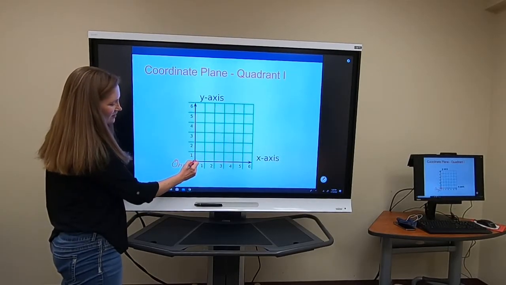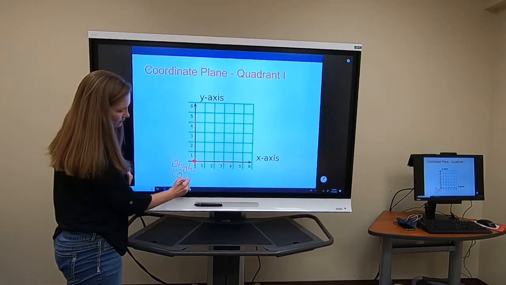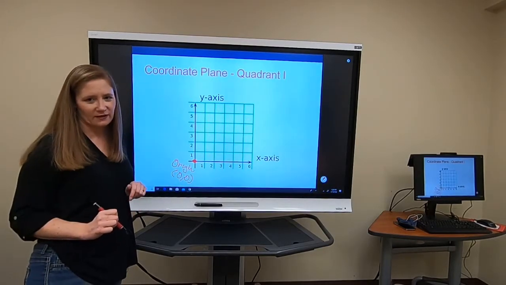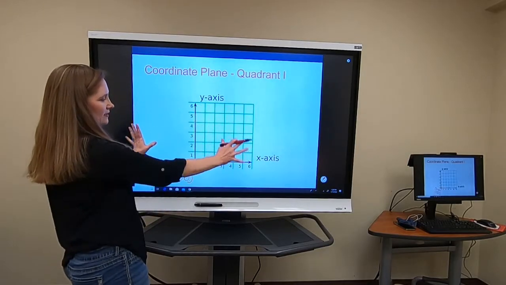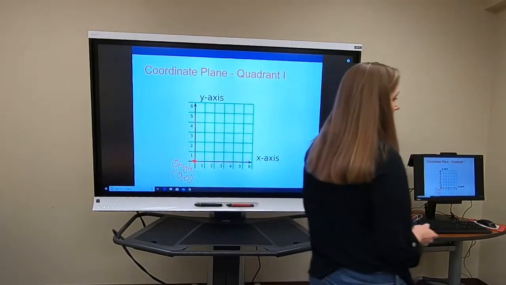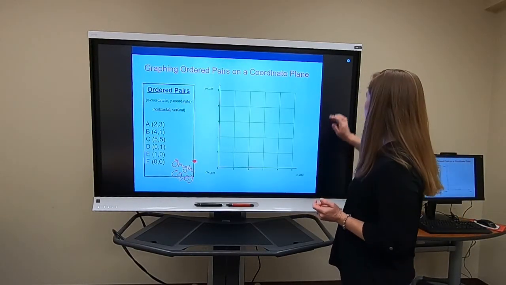And it has an ordered pair, and that is 0, 0. We're going to talk more about ordered pairs as we go throughout this lesson. But this is the basics of what you did in fifth grade, except you also graphed points.